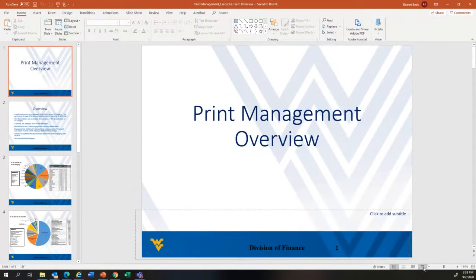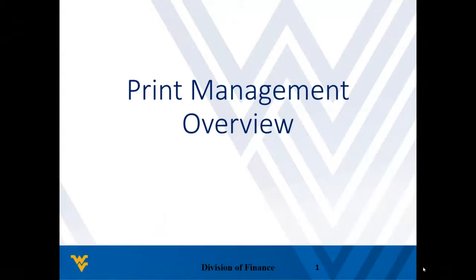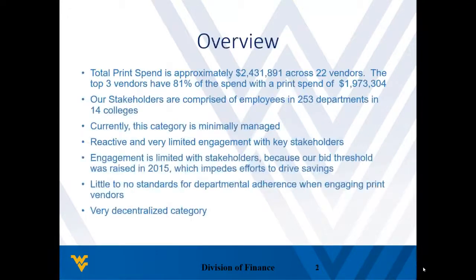So this is an example that somebody who graduated from your program several years ago actually presented to one of our internal clients, who is actually the VP of University Relations around print. So you can see first, she gave an overview and just talked to what you're about to see next.